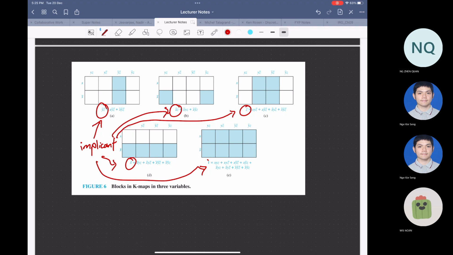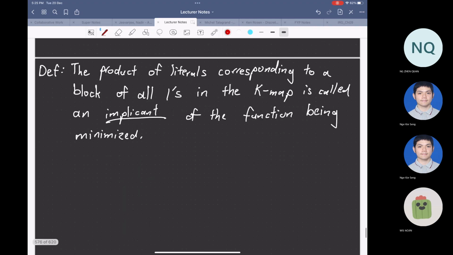Okay. So the product of literals corresponding to a block of all ones in the K-map is what we call the implicant of the function being minimized. Okay. So you see that these are the minimized terms of the right hand side.